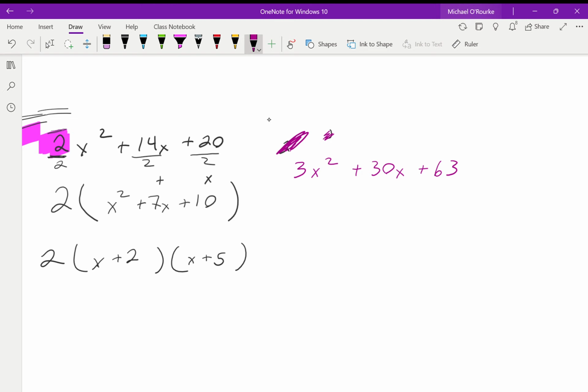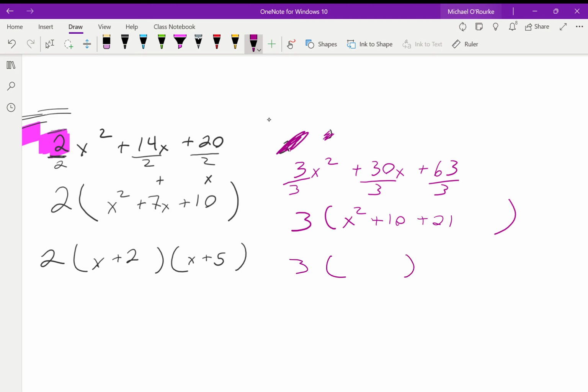So we're going to take out the 3 from the bracket. That means we're going to divide everything by 3. 3 divided by 3 is 1, so that first term should always be x squared. 30 divided by 3 is 10. 63 divided by 3 is 21.